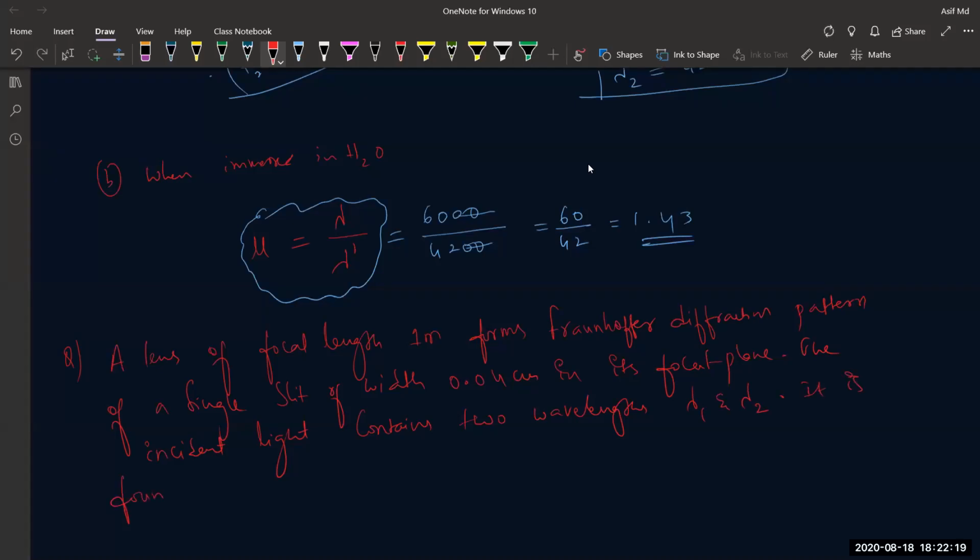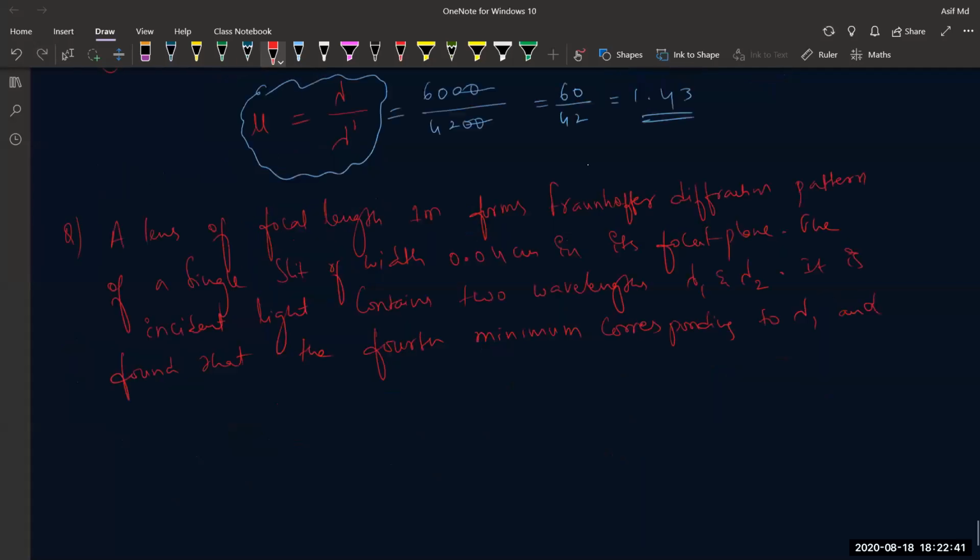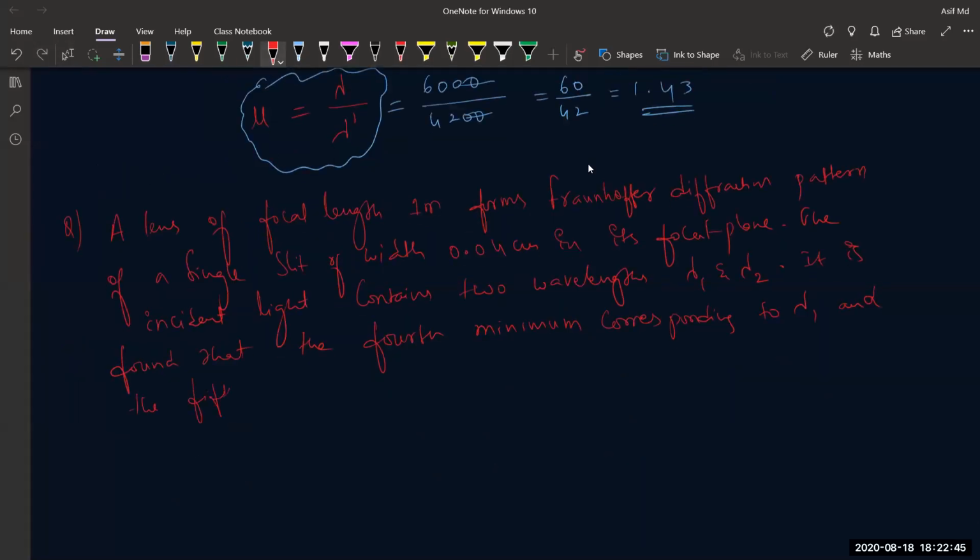It is found that the fourth minimum corresponding to lambda 1 and the fifth minimum corresponding to lambda 2 occur at the same point, 0.5 centimeter from the central maximum.